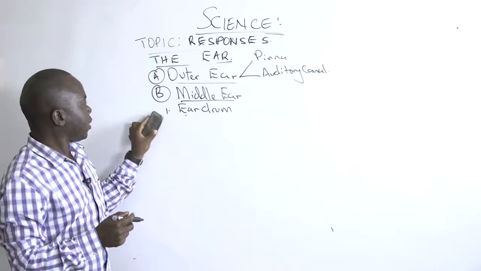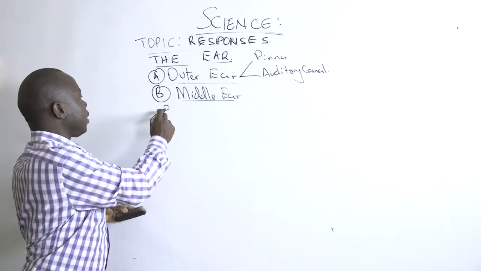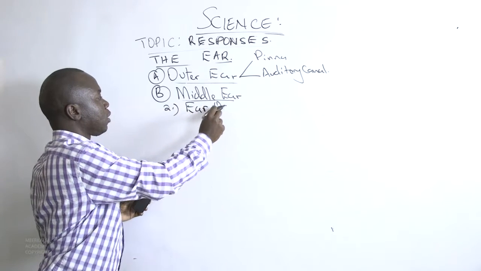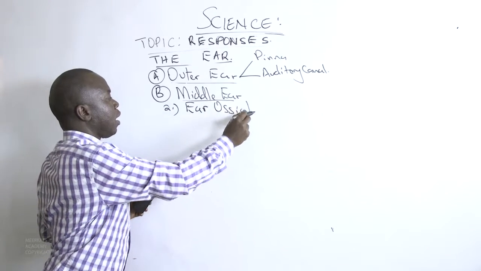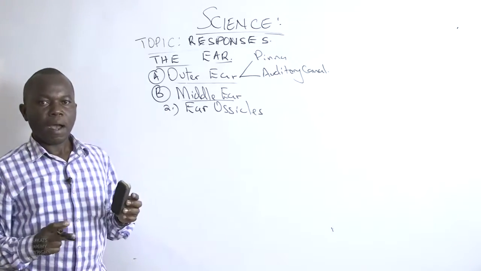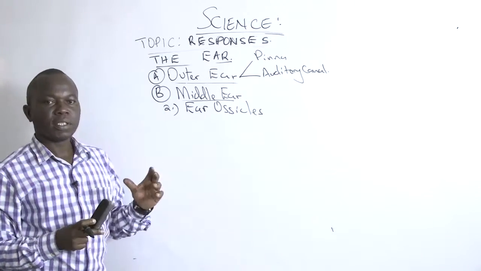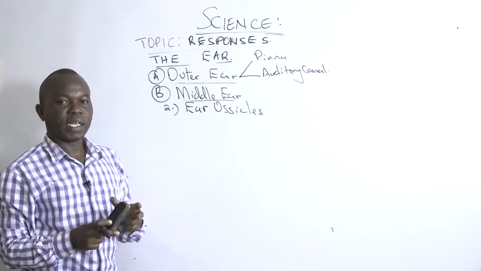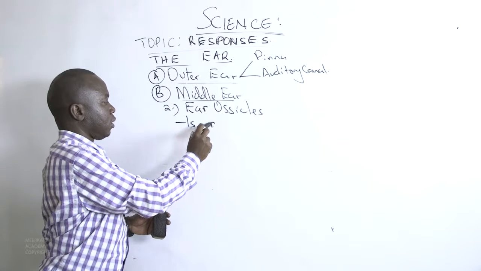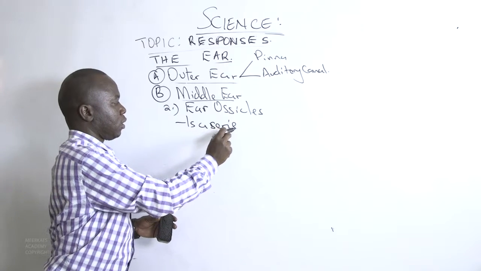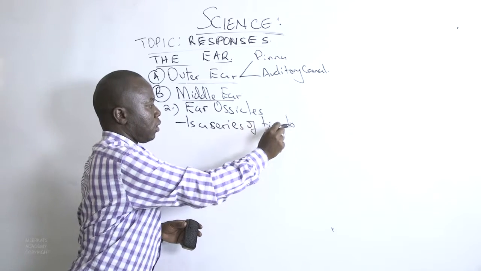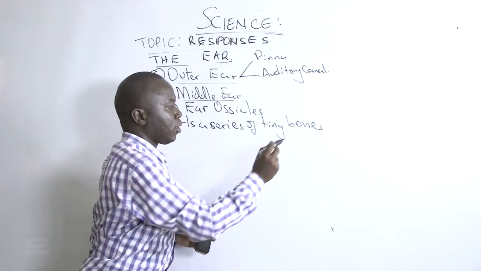The second part is the ear ossicles. I've said the ear ossicles are a series of tiny bones.